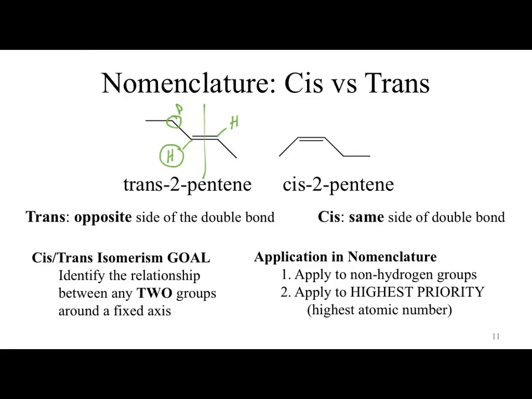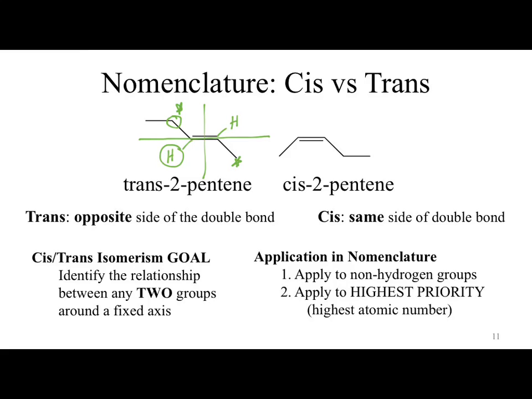So we'll say that there's a priority difference. We'll do the same thing on the other side. That carbon is a higher priority. We can now look across our double bond. Where are our stars? Opposite sides or on the same side?